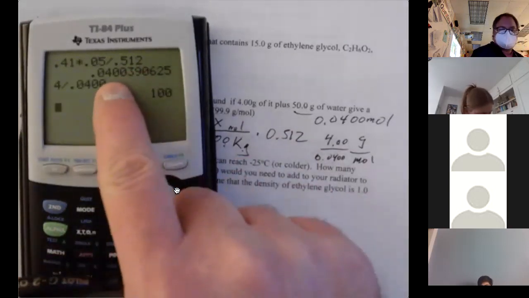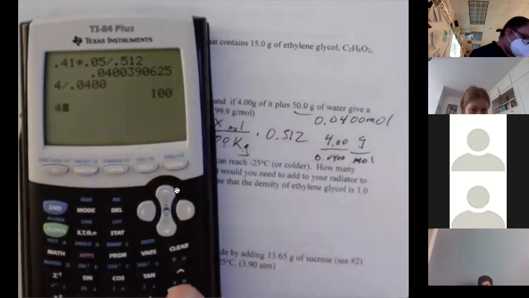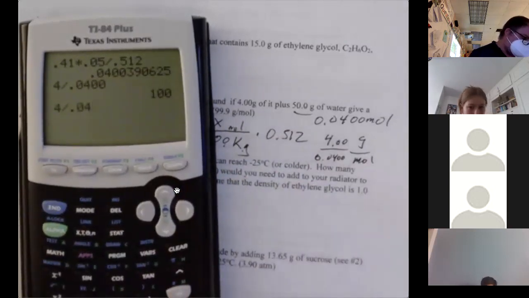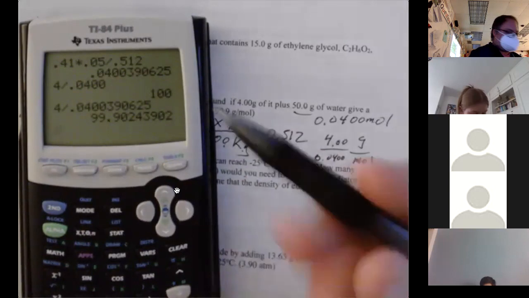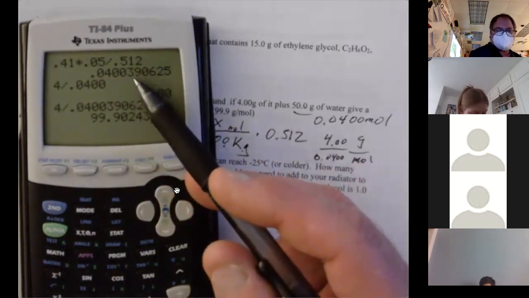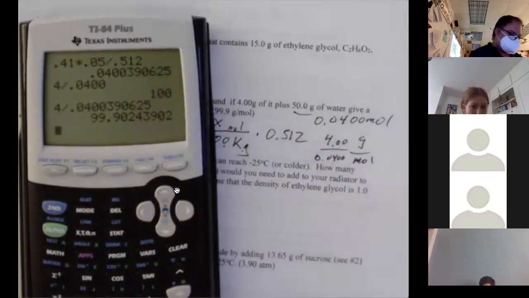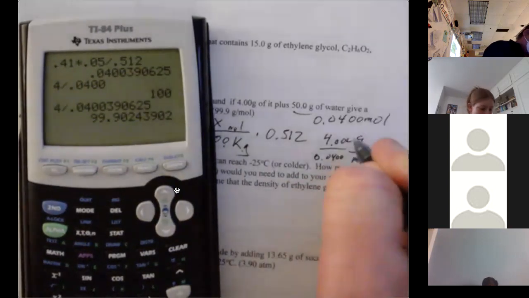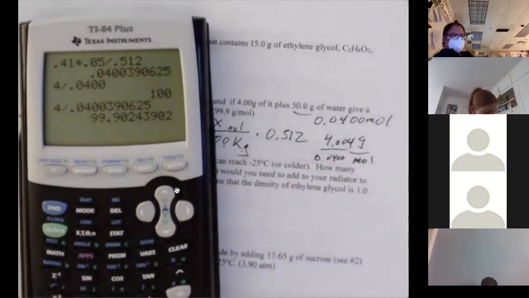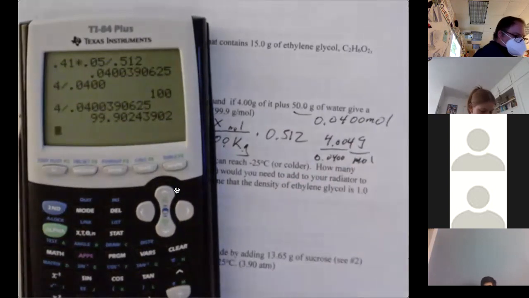If you would have used 4 divided by 0.0400390625, you get 99.9. I rounded. I shouldn't have rounded. So let's just take it out there: 99.9.